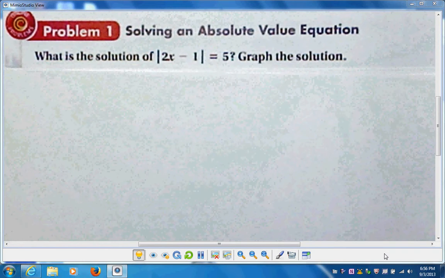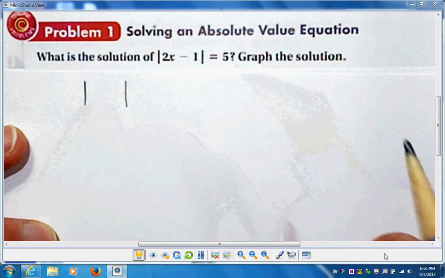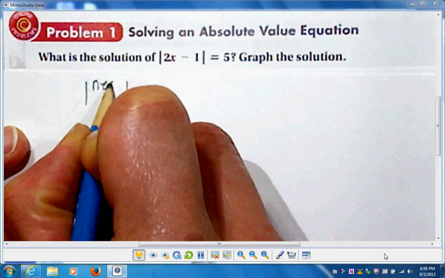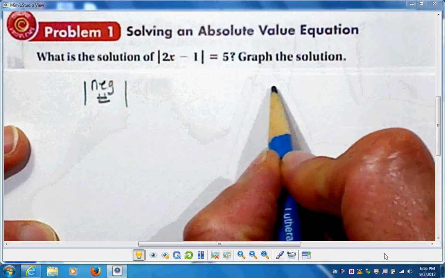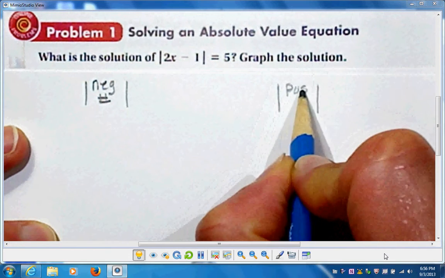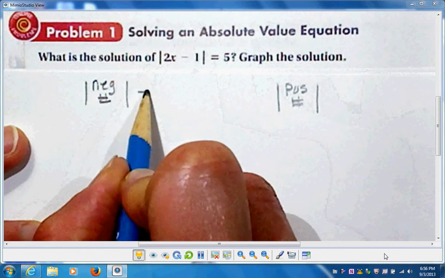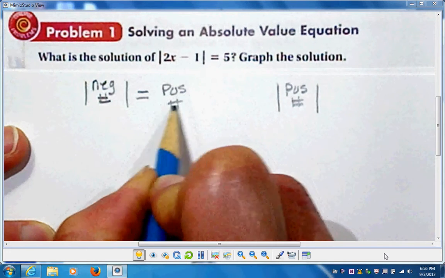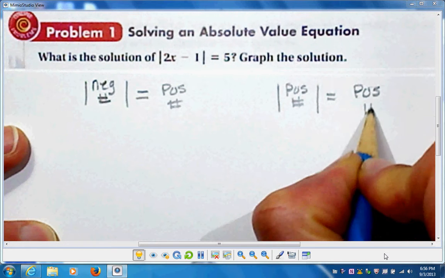So we know that if I have an absolute value, I can have some number in there that might be negative, or the number inside could be a positive number. And in either case, we're going to get a positive number for the answer.